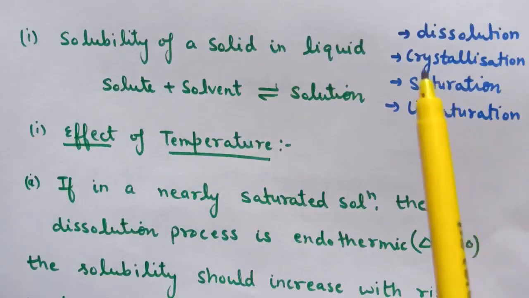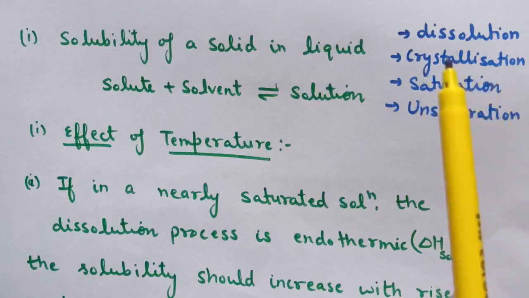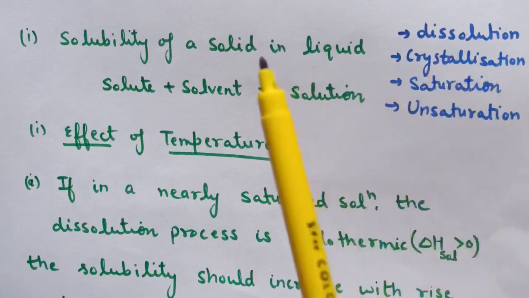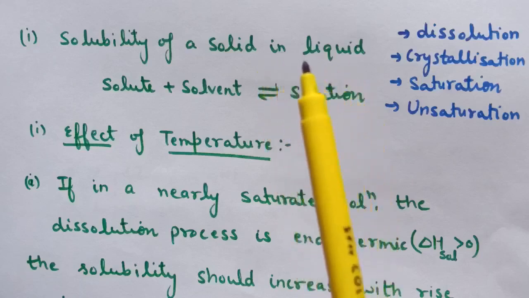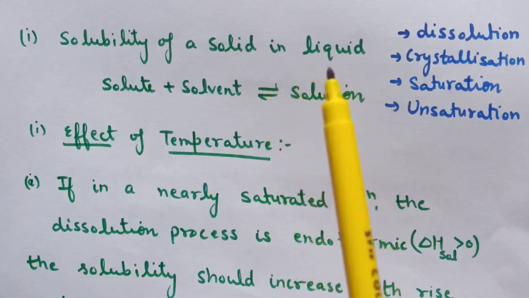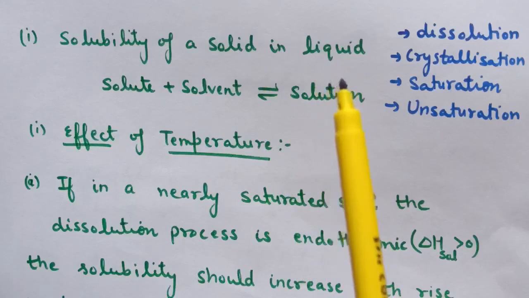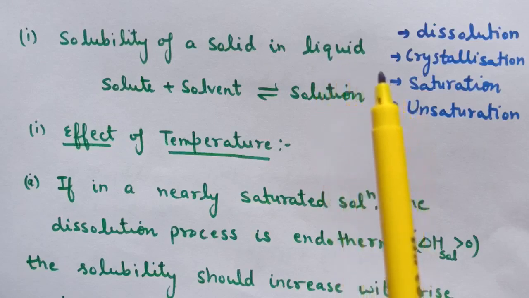Now next term is, what is crystallization. So when we add solid solute in a solvent, some solute particles in solution collide with the solid solute particles and get separated out of the solution.